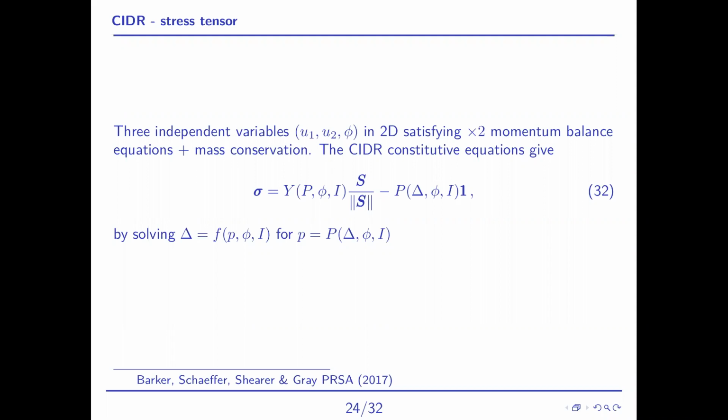But if we can do that, we can create an equation of state now for the stresses, for the pressure, in terms of how fast I'm dilating or compressing. That will obviously affect the pressure. If I'm pushing things together quite quickly, it should be a larger pressure. The volume fraction, of course, I need some material there to generate the pressure, and the inertial number, which is this non-dimensional strain rate.